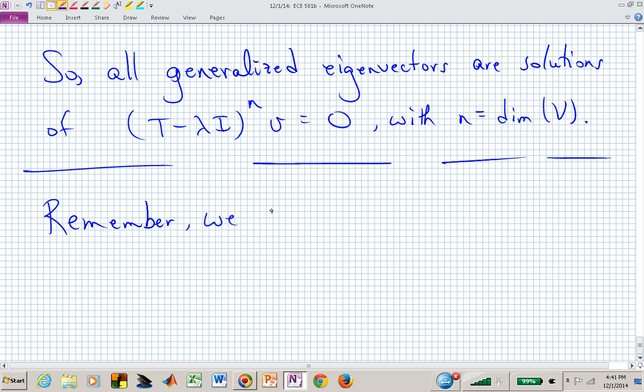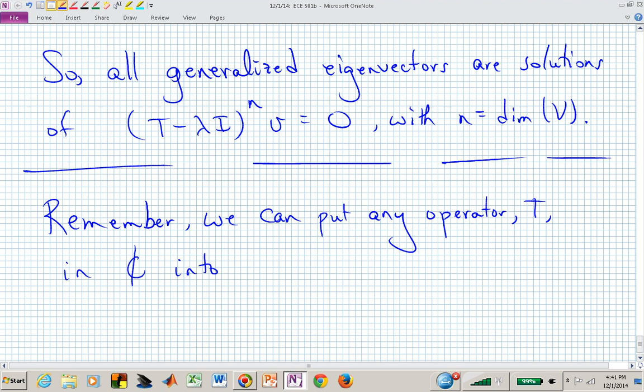Remember, we can put any operator T in a complex vector space into some particular form. You remember what form that is?